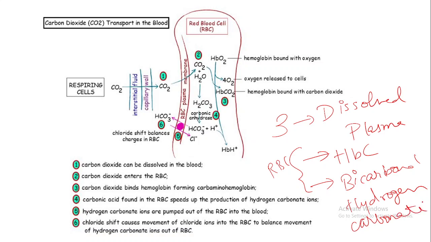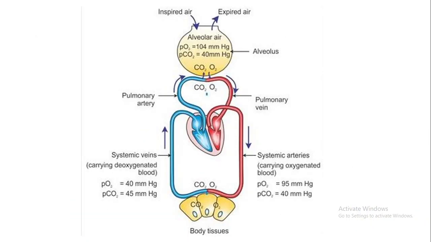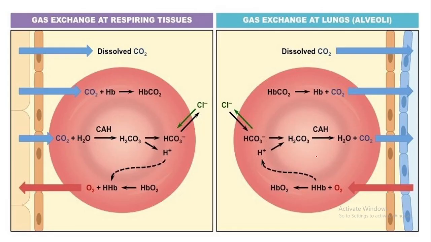Okay, yeah, so in these 3 forms, carbon dioxide is going to be collected from the tissues of the body and move towards the lungs. When it comes to the lungs, okay, this image will give you a better idea. When this comes to the lungs or close to the alveoli, it dissociates. Exact reverse process takes place. The one associated with hemoglobin detaches, where hemoglobin becomes separate and carbon dioxide is sent to the alveoli.